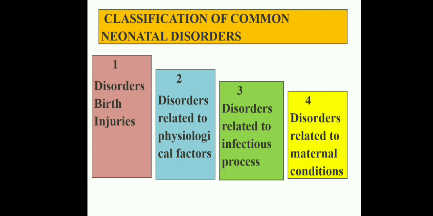Introduction. And coming to the classification of neonatal disorders, here are four classifications. First one is disorders of birth injuries. During delivery, some birth injuries can affect the baby, so that is also one of the common neonatal disorders.